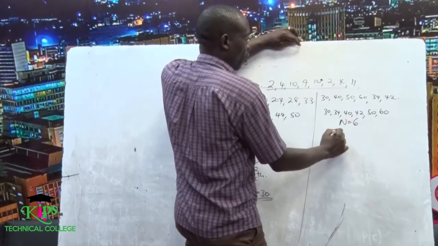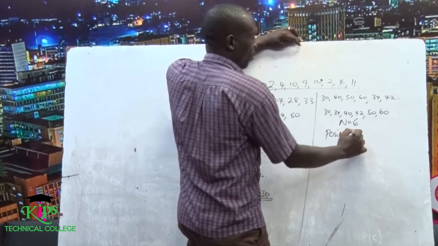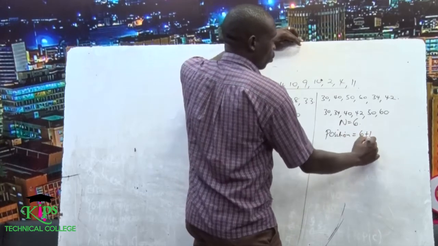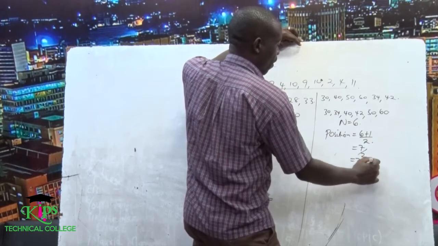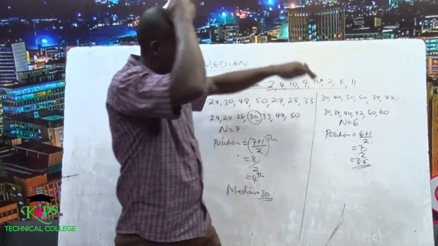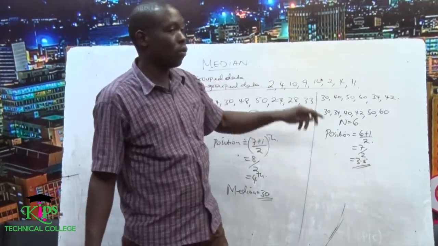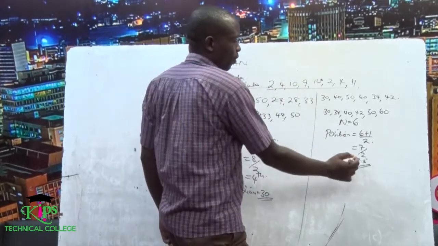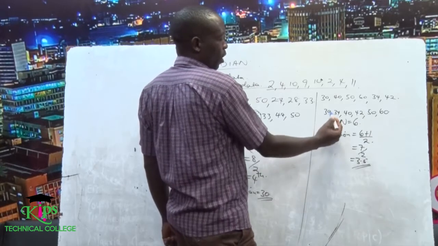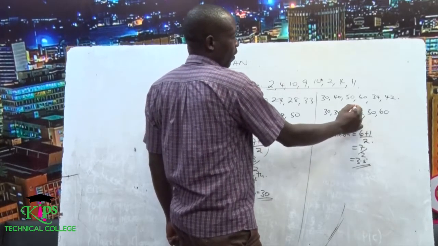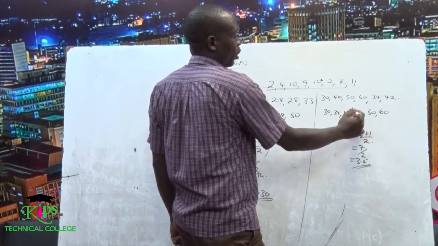The position of the median will be 6 plus 1 over 2, which is 7 over 2, which is 3.5. So the position of the median lies in between two values. We have 1, 2, 3, so 3.5 is somewhere between 40 and 42.